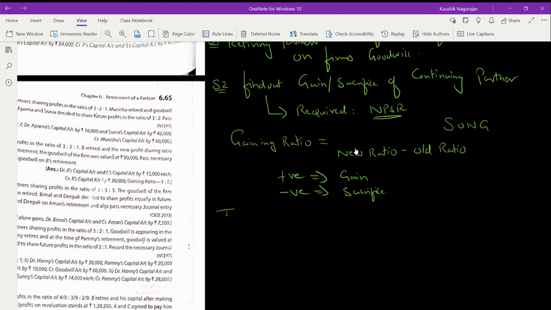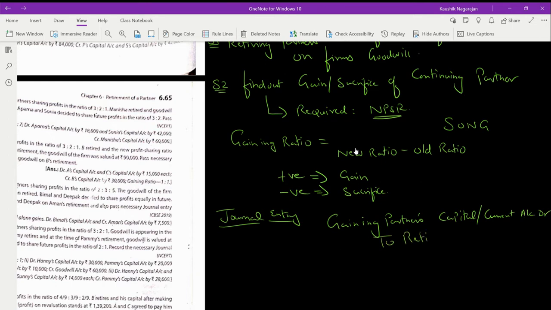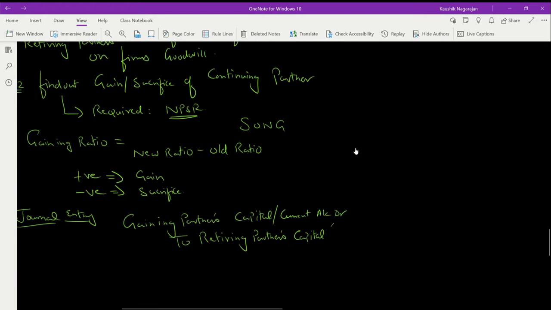So the journal entry for this goodwill distribution will be: gaining partners' capital or current account will be debited, to retiring partner's capital or current account.